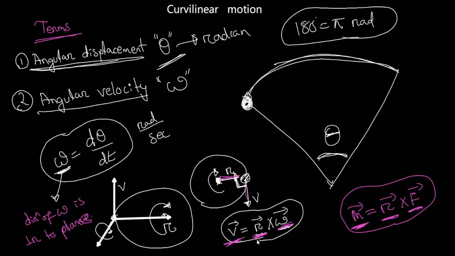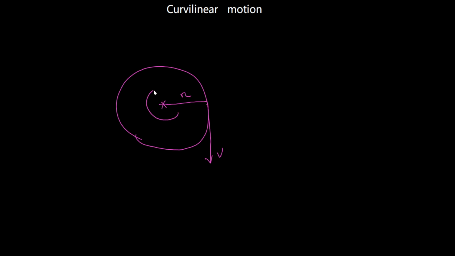This is the result of the right hand thumb rule. If I explain it like this, see, this is the circular motion. This is the center, here is the point, suppose this is the velocity vector and here is the r vector. I'm saying omega is in this direction.